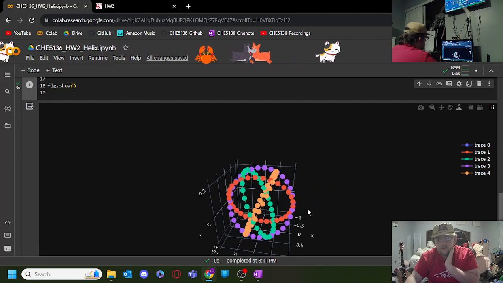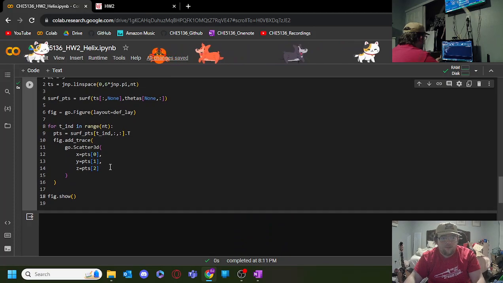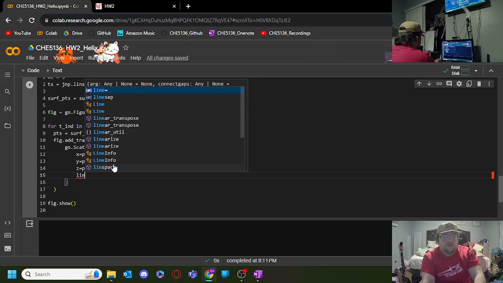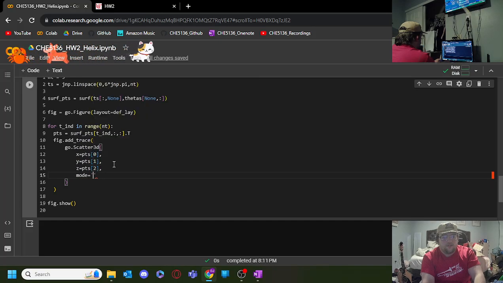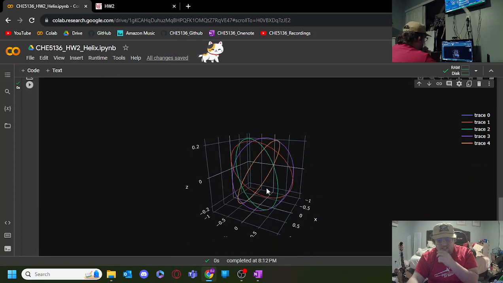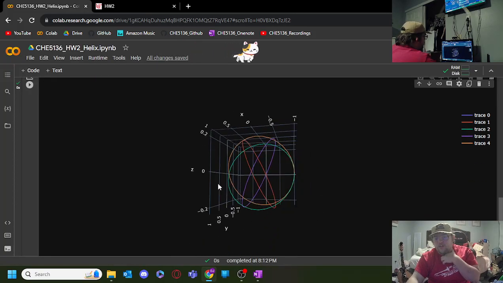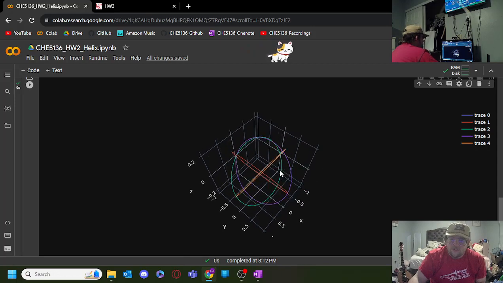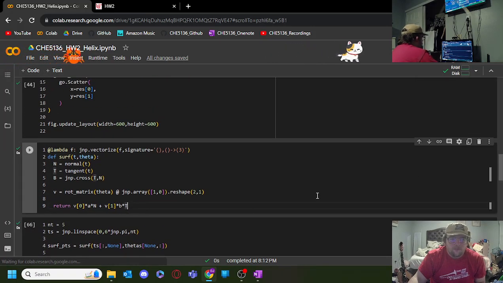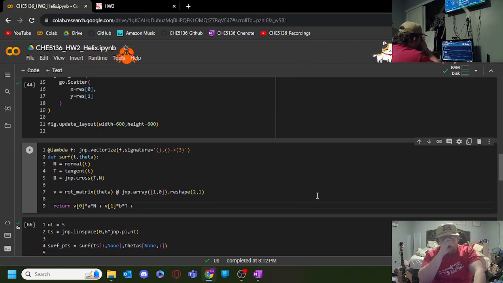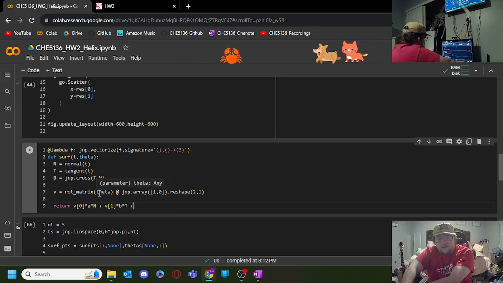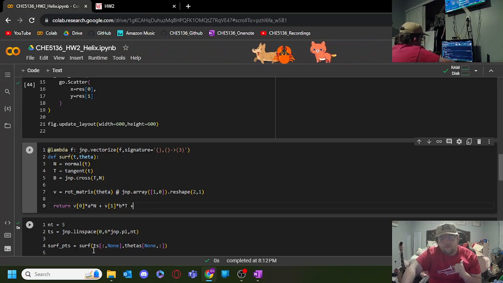So, you can see it's a funky looking shape. You just go up here, mode equals lines. Yeah. So, right now it looks like a freaky disco ball. And the reason for that, I believe, is, go back up here, yep, all of this is relative to the 0, to the center of that, wherever that point is.